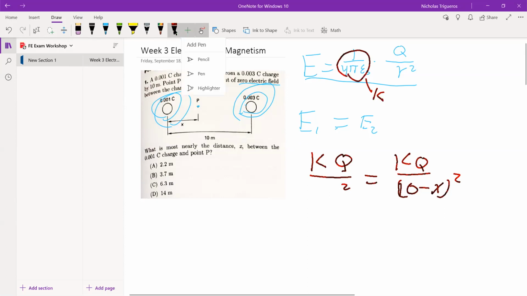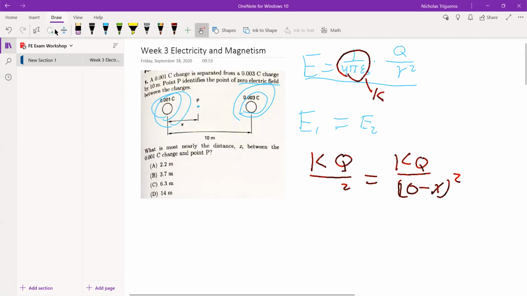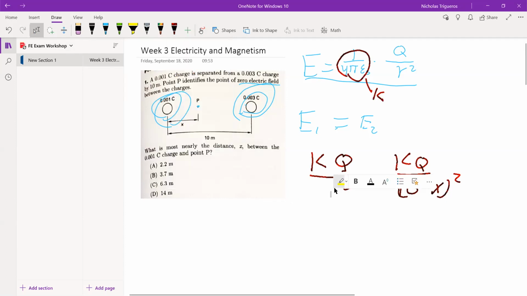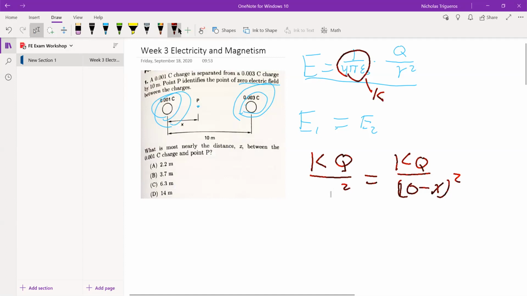Gotta love this. Do excuse me for this. This is my first time using this tablet, a drawing tablet to make writing easier.